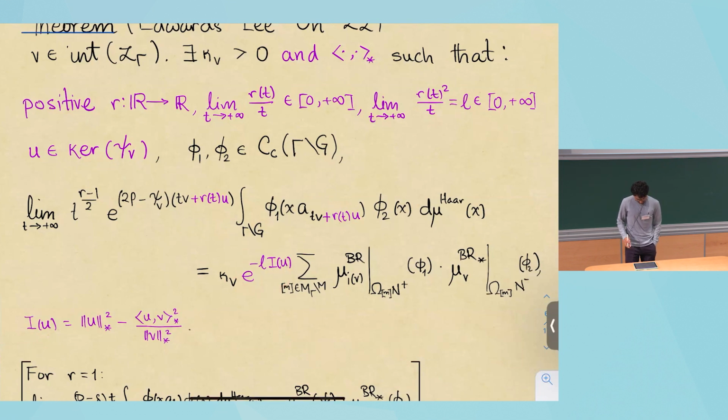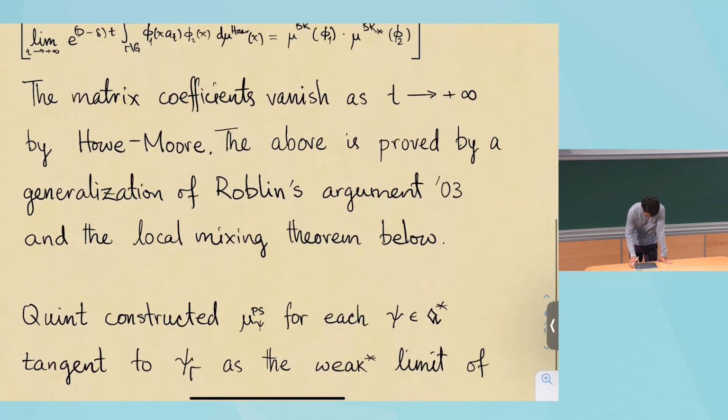But I think if you take a linear function, that also gives you some information, because, for example, if you pick a direction v, and then you take, okay, maybe I'll mention this afterwards when I show local mixing.